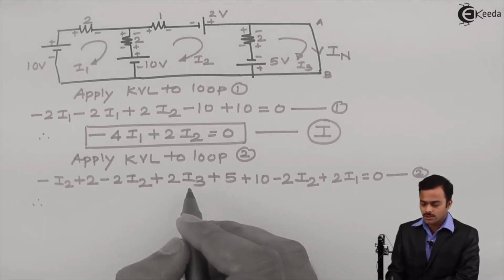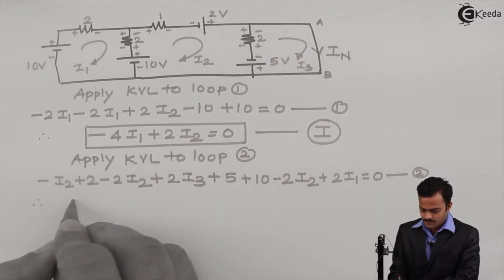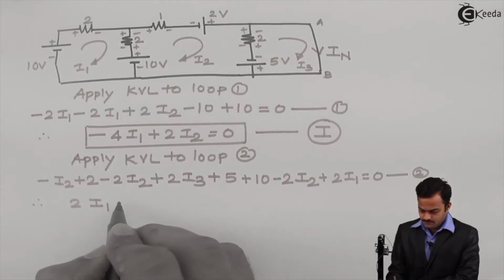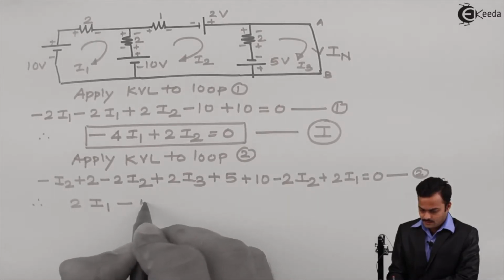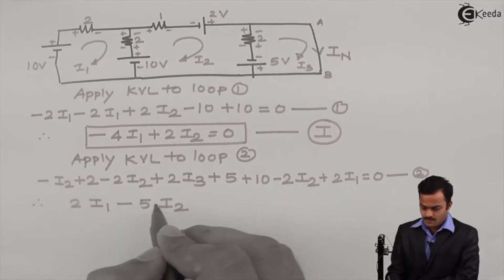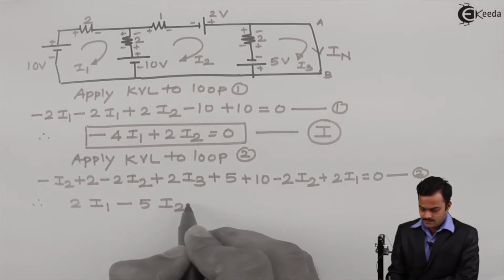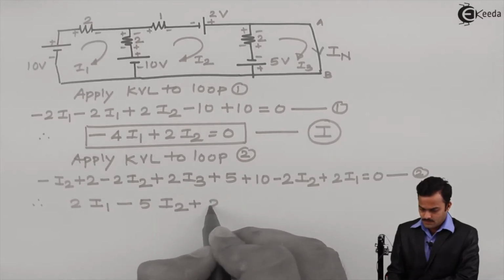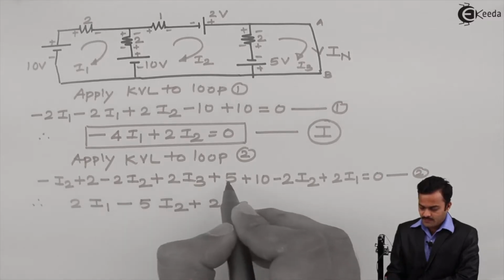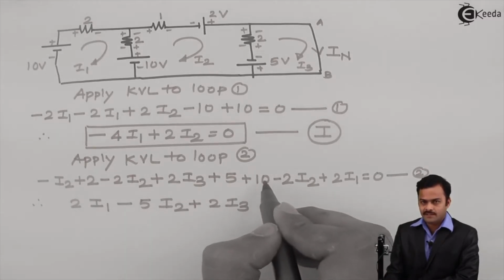So the simplified version of this equation will be 2I1 minus 5I2 plus 2I3, 2 plus 5 plus 10 is 17 on this side.